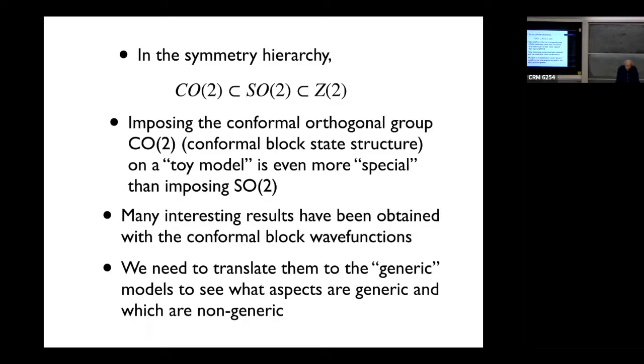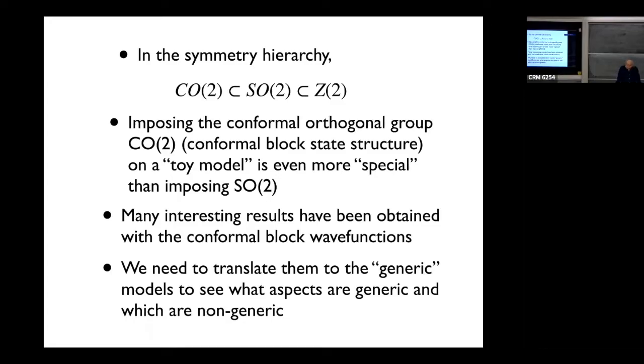Okay. So lots of really interesting results have been obtained using the conformal block wave functions, and they actually give you the Laughlin state as one of the first insights into flux attachment, right?